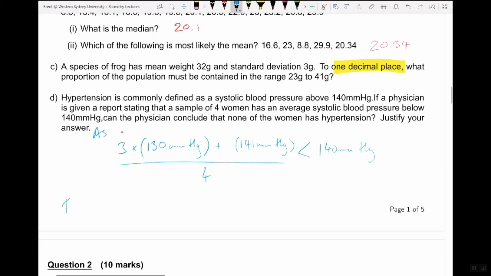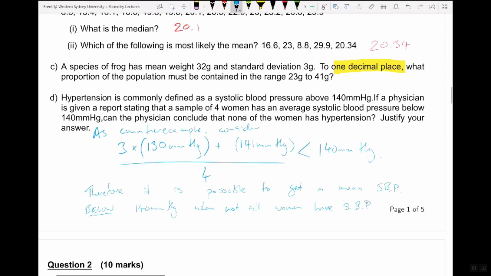As an example, or counterexample, consider this, and then I would say, therefore, it is possible to get a mean systolic blood pressure below 140 millimeters of mercury when some women, when not all women, have a systolic blood pressure in that range. Below 140.